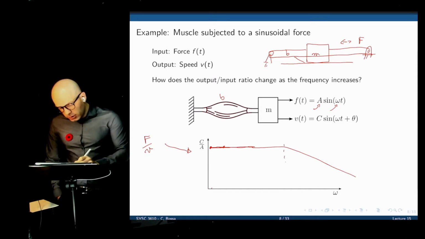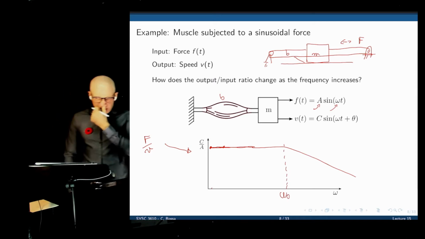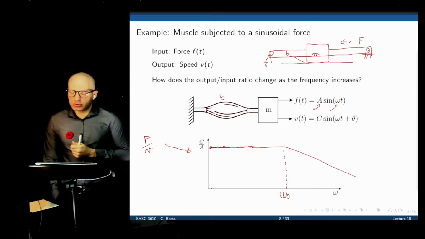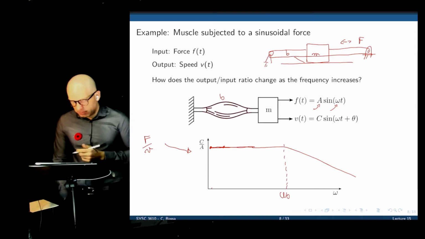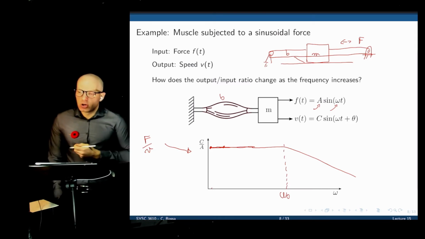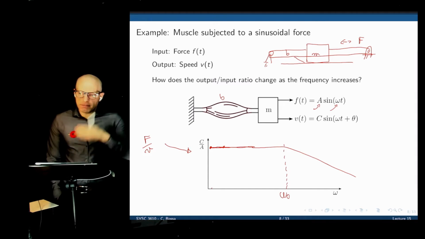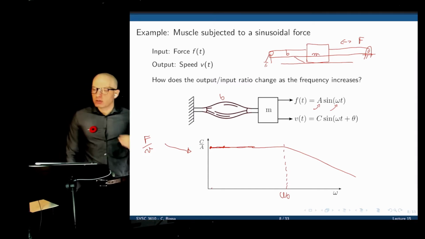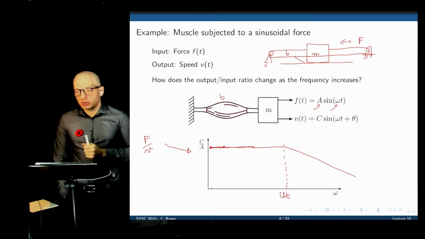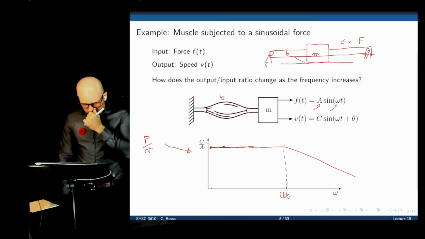And this point here, where the system starts to change magnitude, we're going to call the cutoff frequency, which depends on the mass and on the viscous friction coefficient of this particular system. Past that point, this ratio decreases. And this is what you can see in the Bode plot. Is this clear?